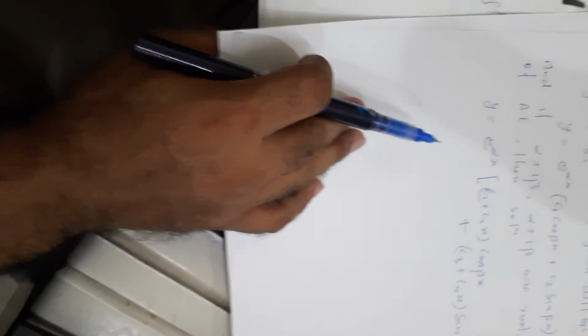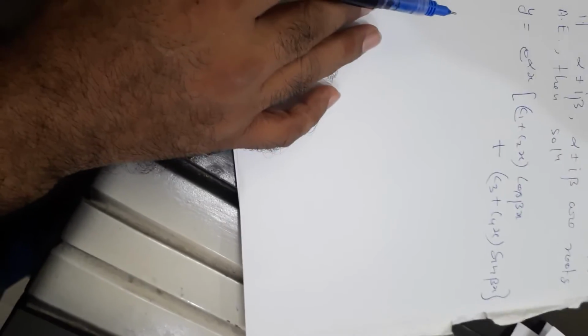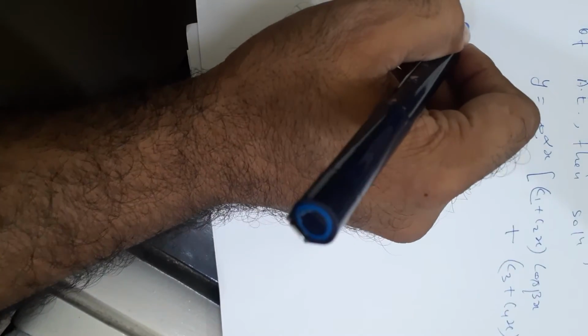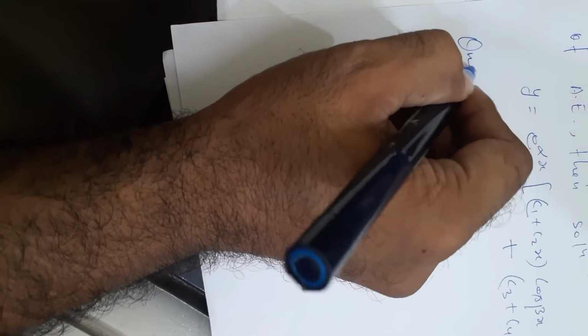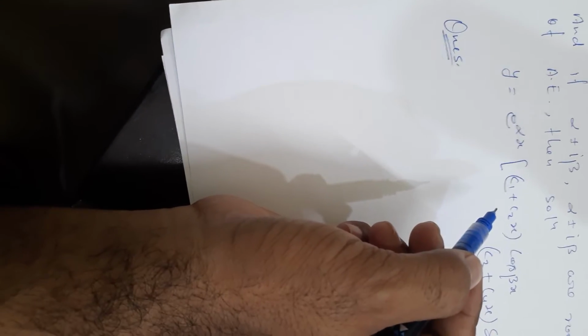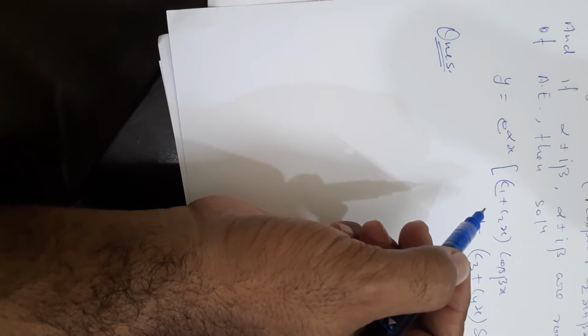So now we solve some examples, some questions when the auxiliary equation has complex roots.